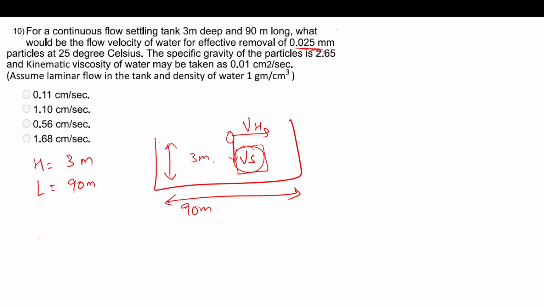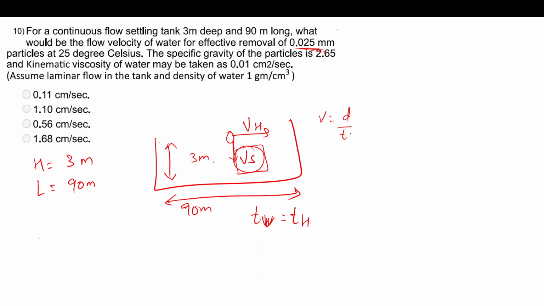Now for settling, the time taken by the particle to settle at the lowermost end, that is the vertical distance traveled, and for the horizontal distance it should be the same.